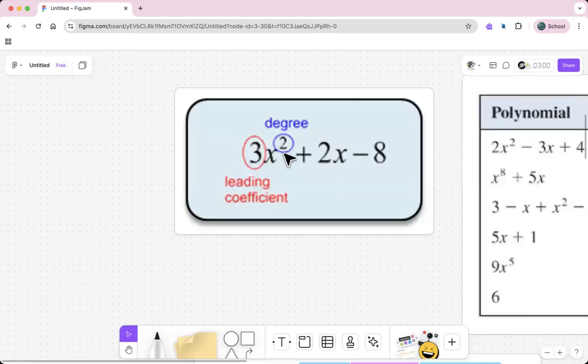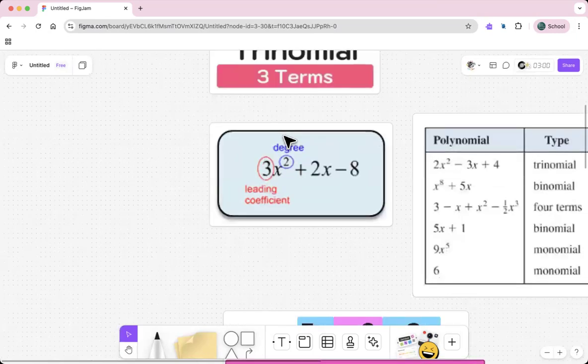So for example, this would be a degree of 2 because the highest power of all the terms is the power of 2. So for this particular question, my leading coefficient would be 3, and the highest power would be a degree of 2. So the whole polynomial function would have a degree of 2.